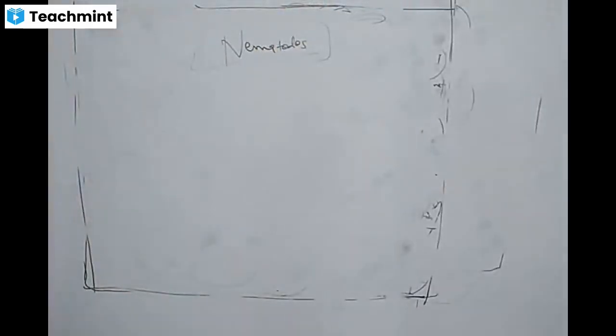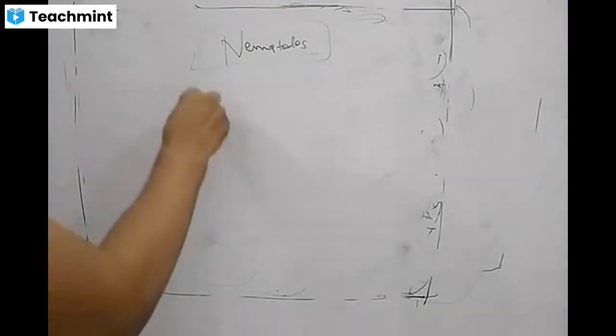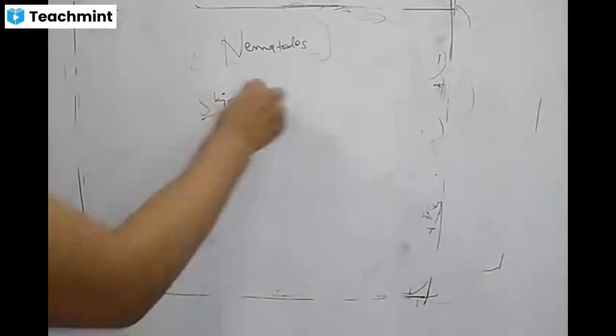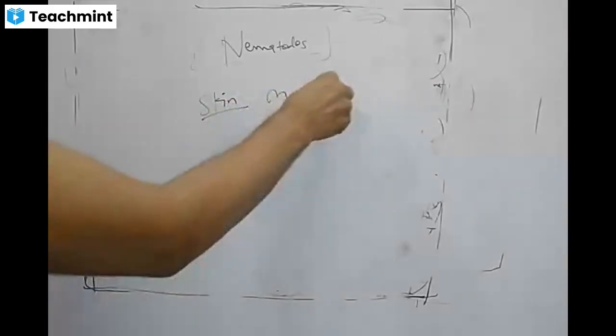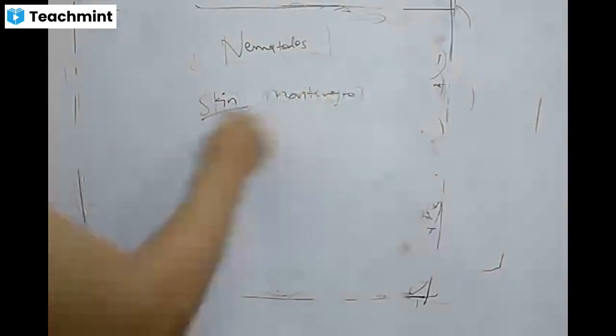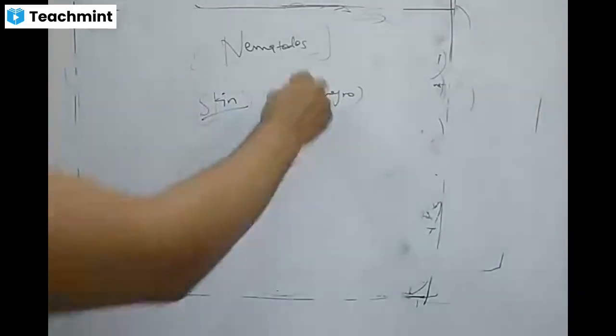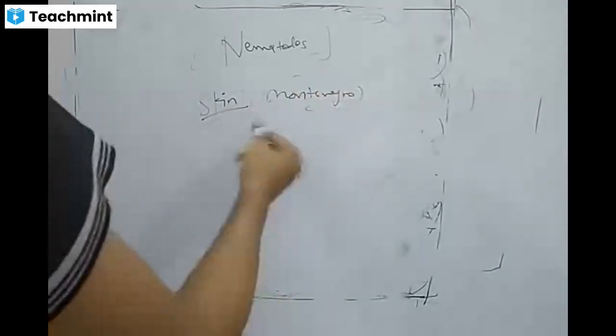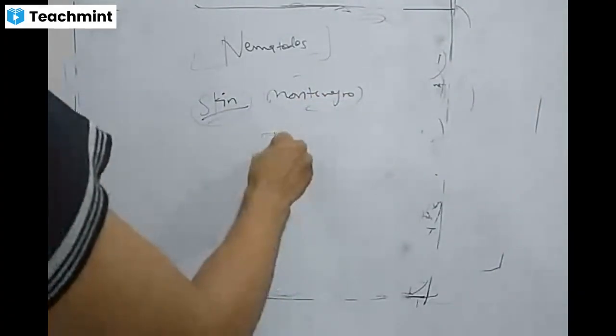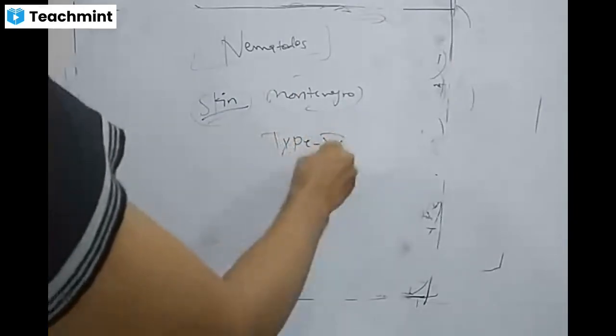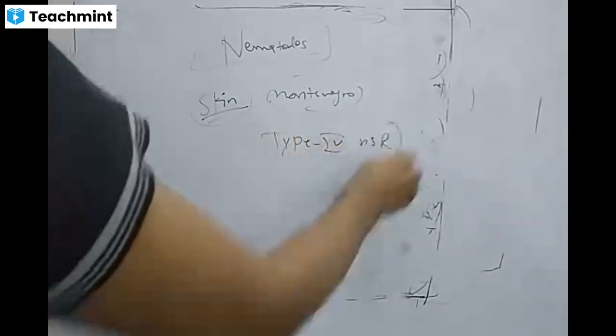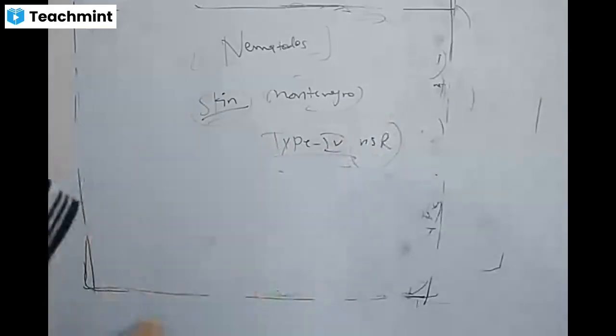Hello. So there is one test, Montenegro test for Leishmania. That is a skin test. This just simply asks Montenegro test is related with parasite Leishmania. It is type 4 hypersensitivity reaction.